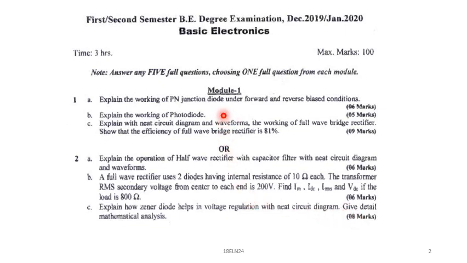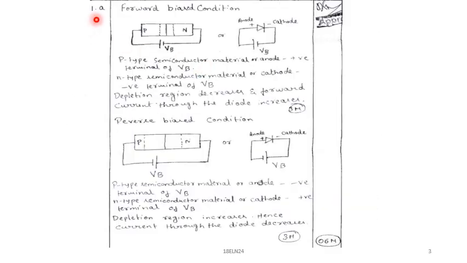Now we'll discuss the scheme, how the marks are distributed for each question. The first question is 1A, where you have to explain the forward and reverse bias condition. The forward bias condition carries 3 marks and reverse bias condition 3 marks. For forward bias, you have to explain what is forward bias with respect to the 2-dimensional view, or you can write in terms of a diode symbol.